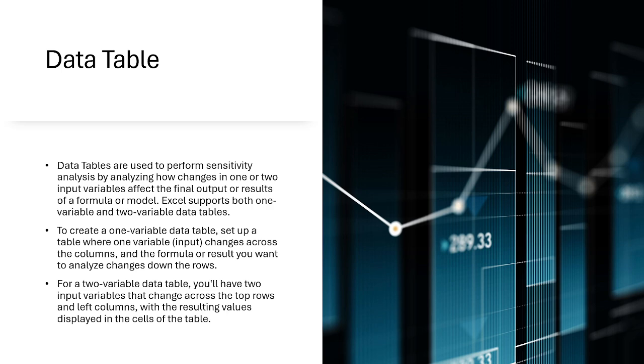To create a one variable data table, set up a table where one variable input changes across the column and the formula or result you want to analyze is placed along the row. For a two variable data table, we input two variables that change across the top row and left column, with the resulting value displayed in the cells of the table. Now, let's go to Excel and look at some exercises to understand this better.